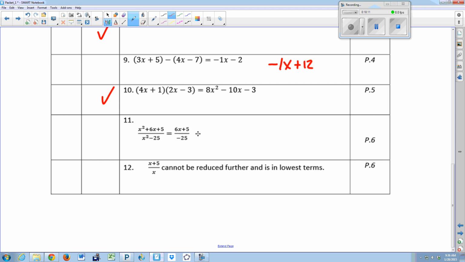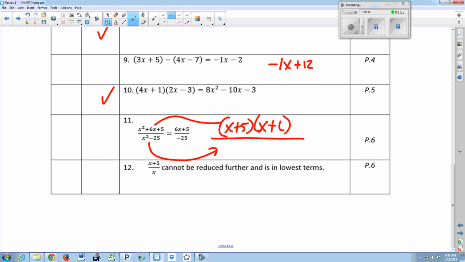So in order to reduce, you don't cancel things that have pluses and minuses between them. Those are called terms. You can only reduce by pulling out factors of 1. So everything has to be factored. So this factors to x plus 5 times x plus 1.